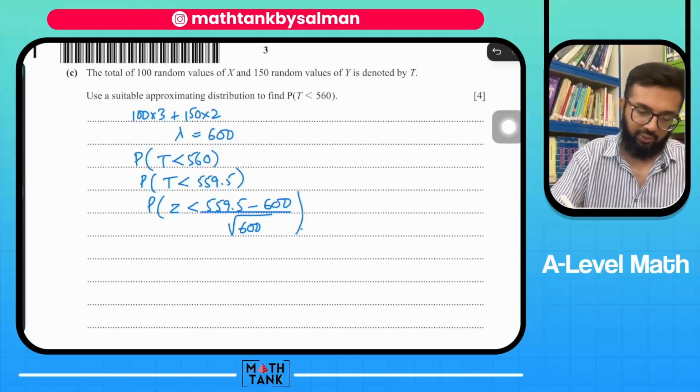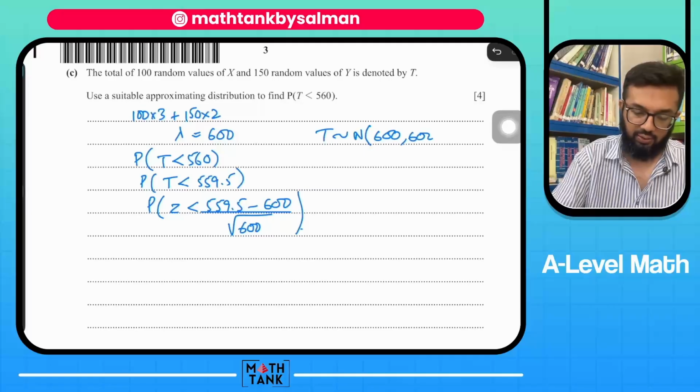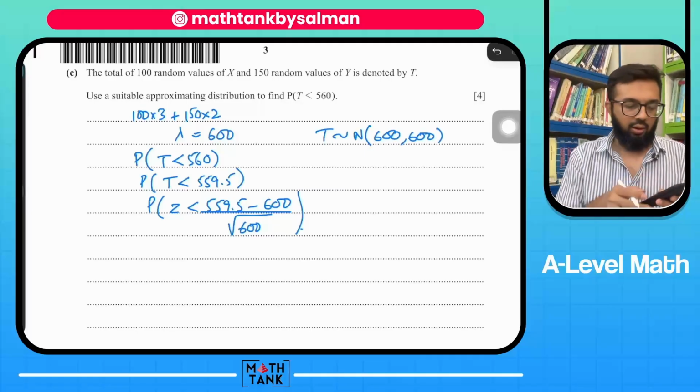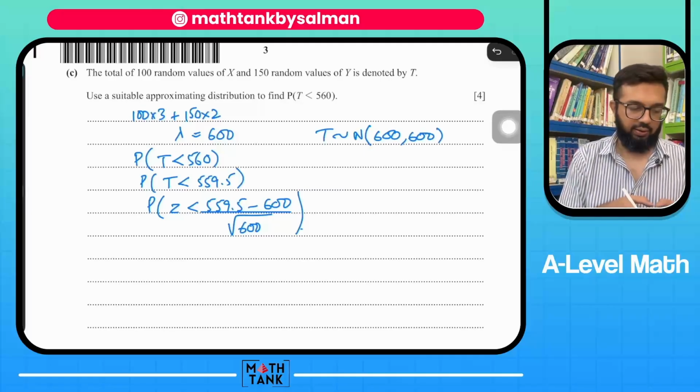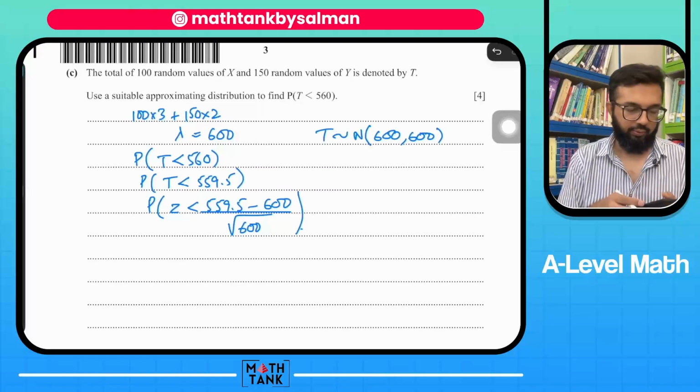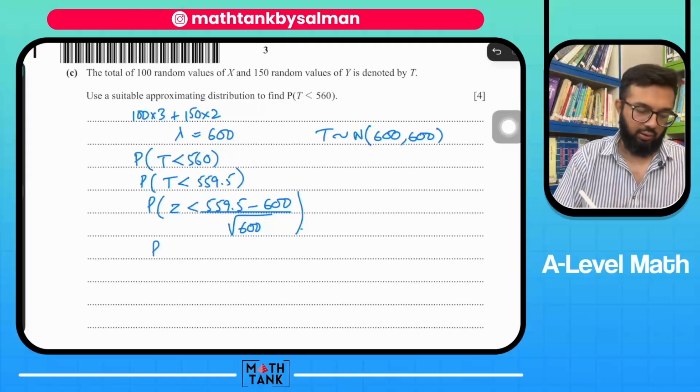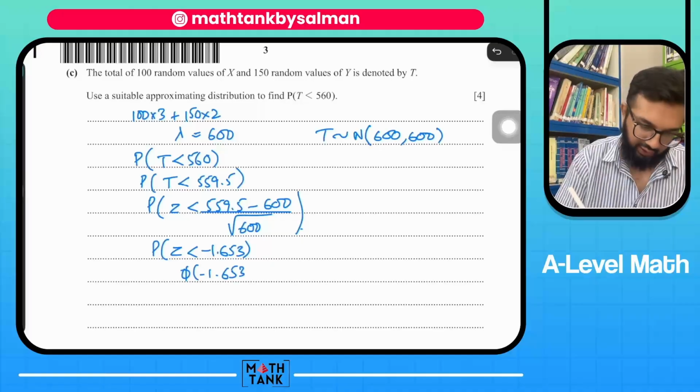Because T will follow a normal distribution with mean 600 and variance 600. So z is less than minus 1.653.